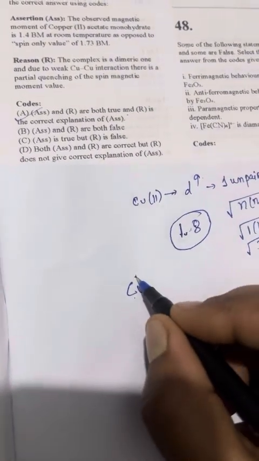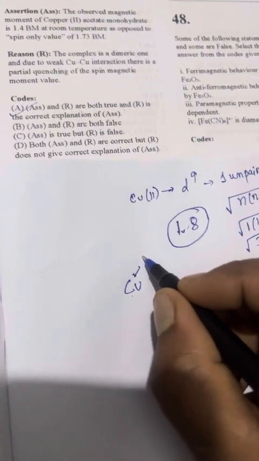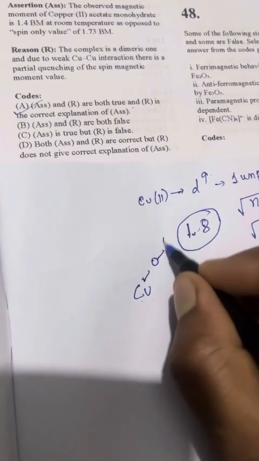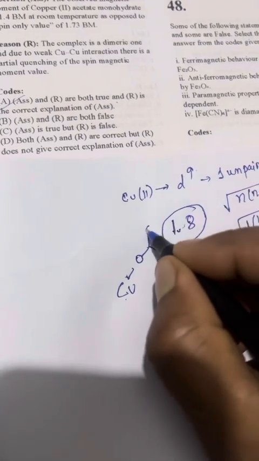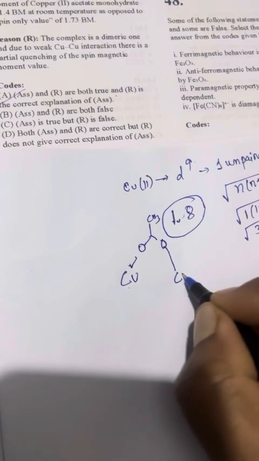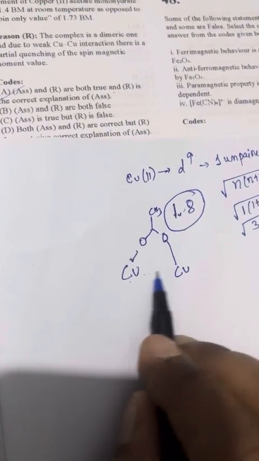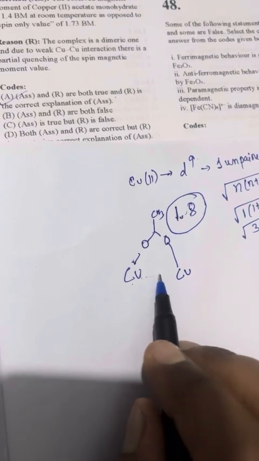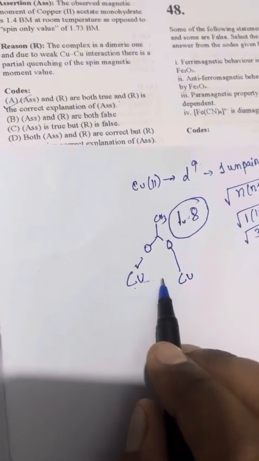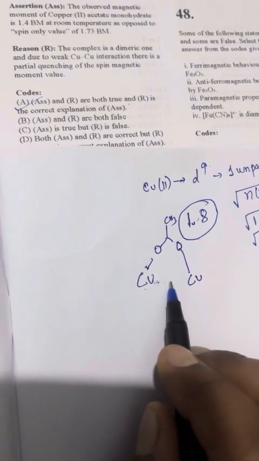The structure in dimeric form is like this. This is copper acetate, or acetate means CO acetate. This O will connect to another Cu in this way, but there is no bond between the two coppers. But this distance is nearly the normal copper distance. So there is a weak copper-copper interaction between them.